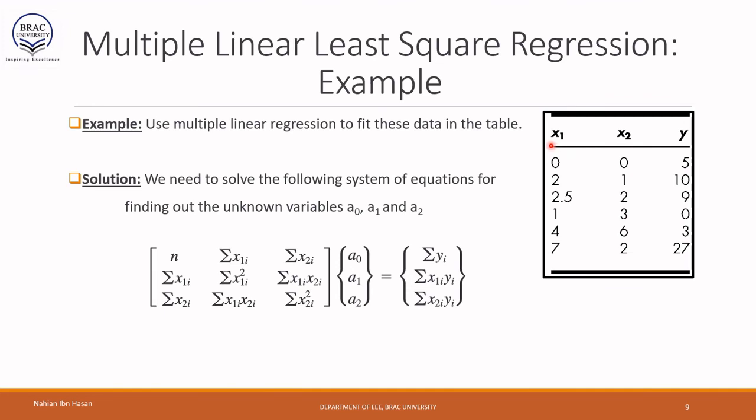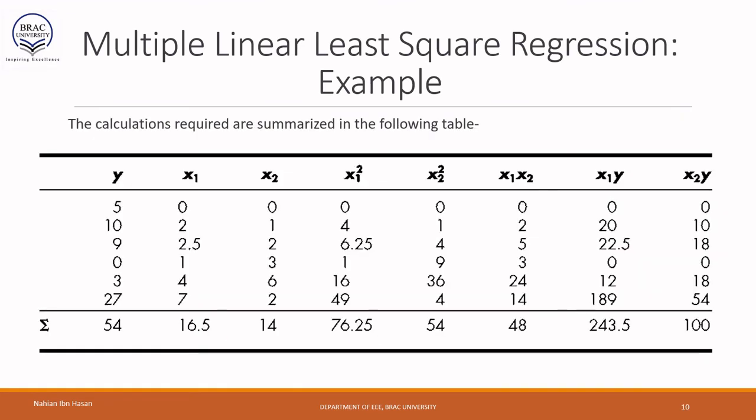We need to fit a regression plane through these data points, so we need to solve the three equations that we just determined in the previous slide. We have three equations and three unknowns, so we can easily determine these coefficients and constant terms from this table. Okay, I am not showing you the whole calculation, you can do that at your home.